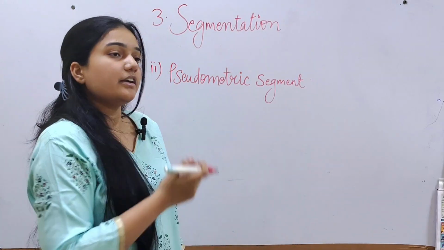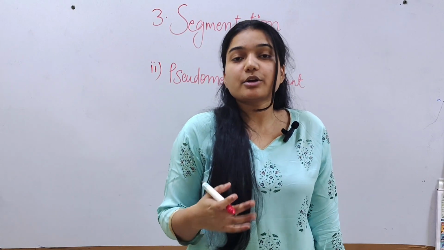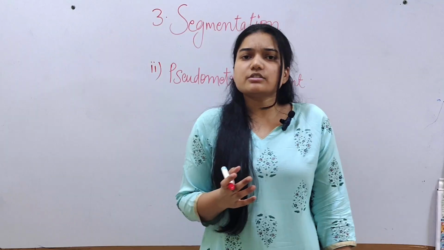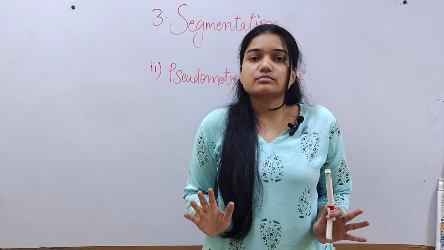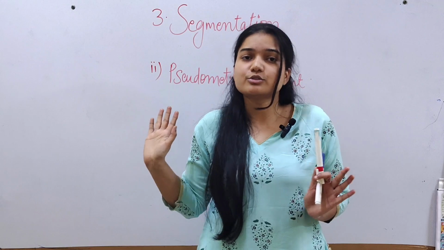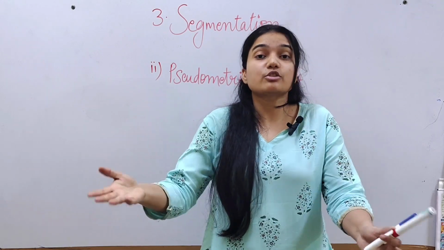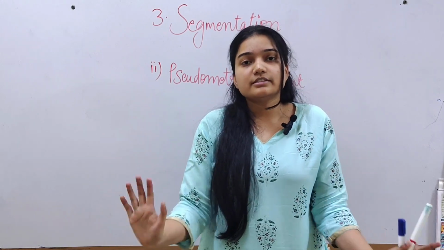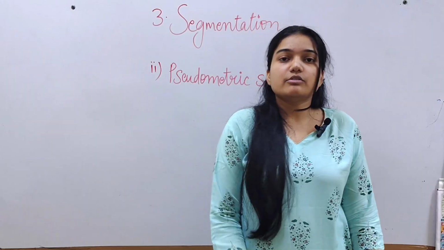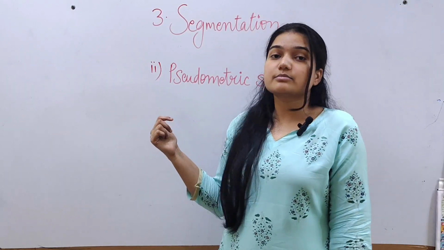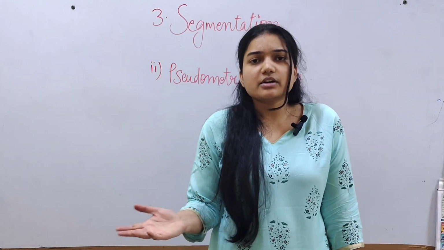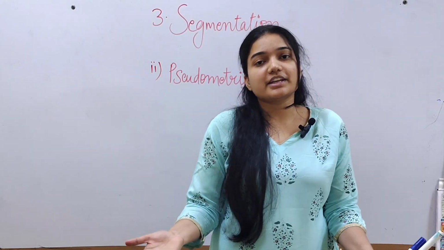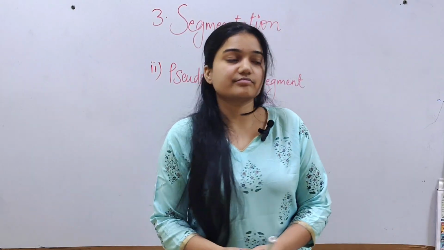In pseudometameric segment, the segments of the animal body are not formed by the embryo. So it is known as the pseudometameric segmentation, which is also known as false segmentation. And the example of the pseudometameric segmentation is the phylum Platyhelminthes, and the example of Platyhelminthes is tapeworm.